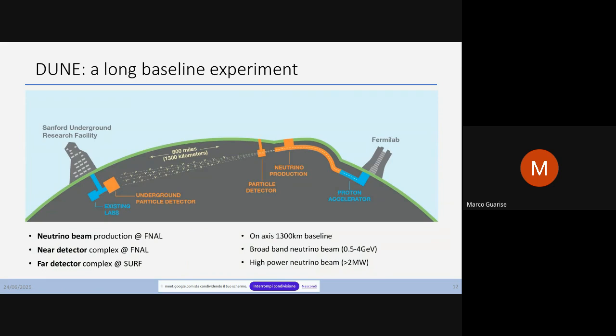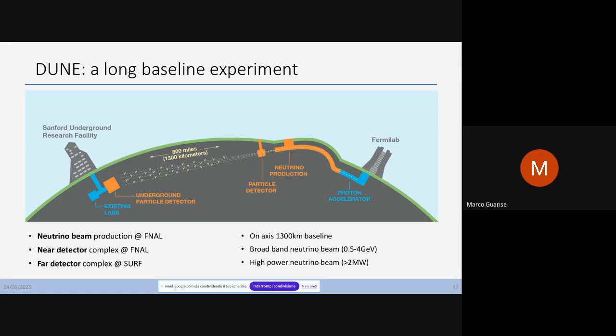We produce our neutrinos at Fermilab in Chicago, and we will measure them in South Dakota in an underground mine, a kilometer underground. And we have two sets of detectors, two complexes. One is placed here at a few hundred meters from the source, and the other, as I said, is at the end of this baseline.